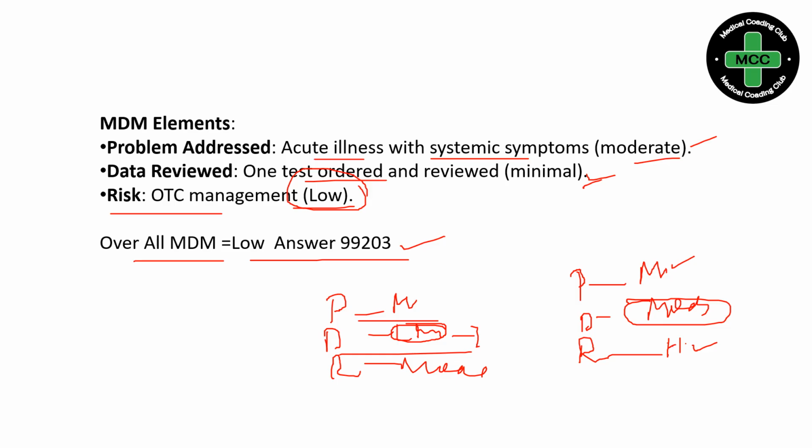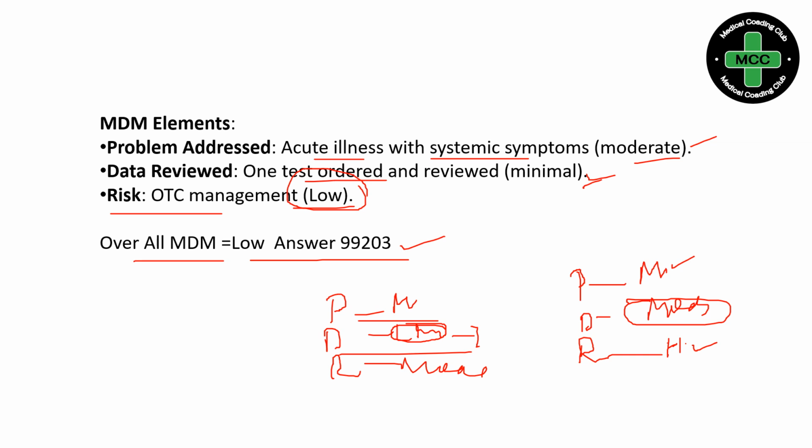Whenever you have any one element as high, remember this point, we have to give more attention to the medical record. Generally, if any one element is giving you a high level, the overall MDM can be high.